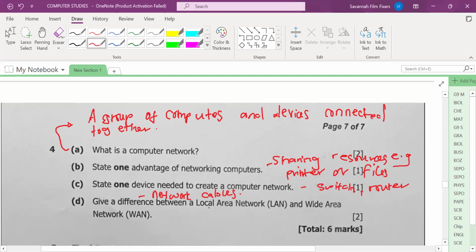Give one difference between a local area network and a wide area network. The definition is in the name.